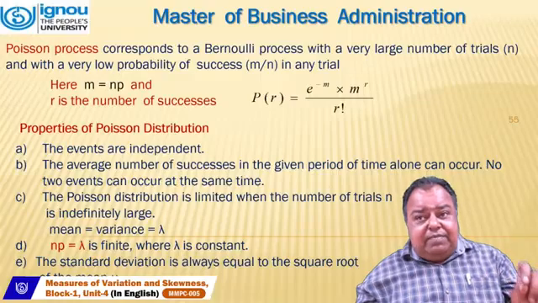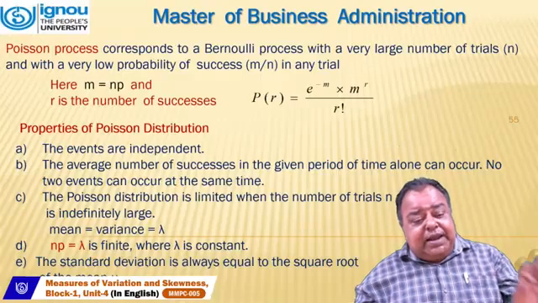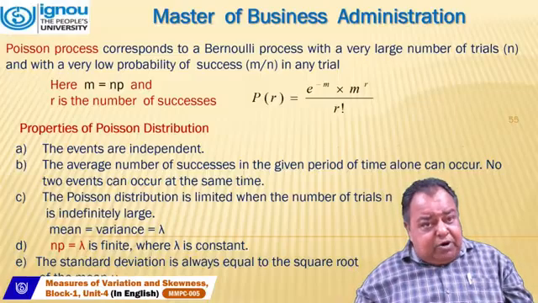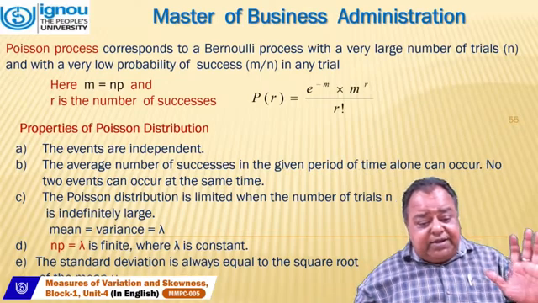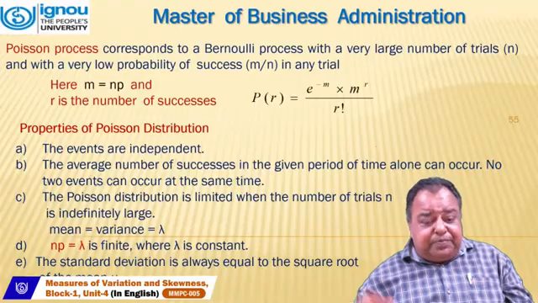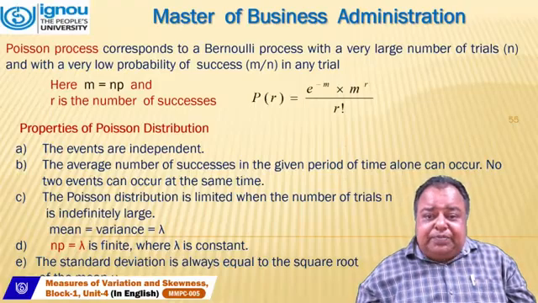We assume that mean and variance are equal to lambda, which is equal to the product of n and p, which is finite. The standard deviation is always equal to the square root of its mean. With this, I will be concluding today's session.